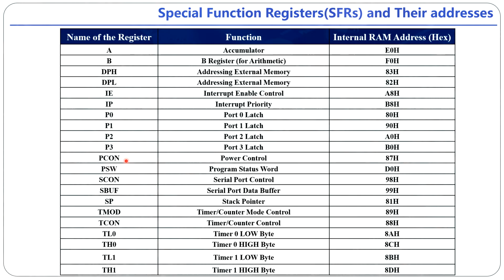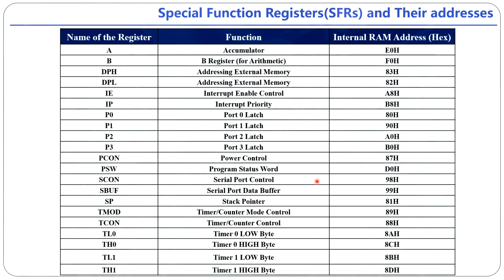Next register is PCON, that is power control. The location of this register is 87H, right? PSW register, that is the program status word. The location of this register is D0H. Next register is SCON, the function of this register is serial port control.